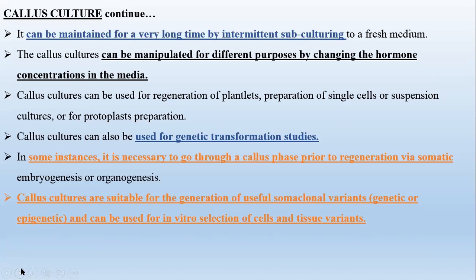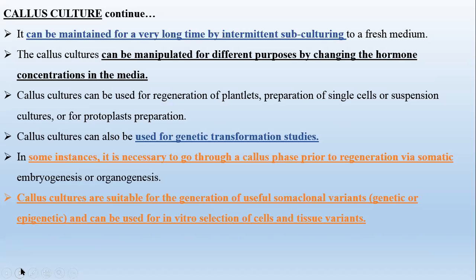Once it has completed around 3 to 4 weeks on the same medium and we have got some growth, the callus can be transferred by cutting onto a freshly prepared nutrient medium. Again there will be some growth. By subculturing it on time, we are able to multiply it and maintain it for a very long period.